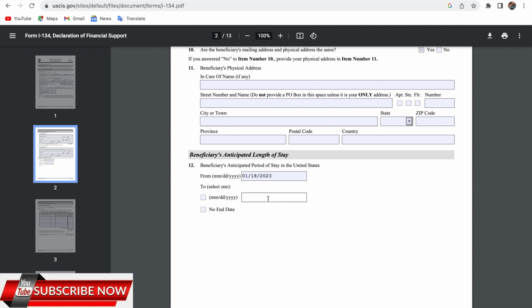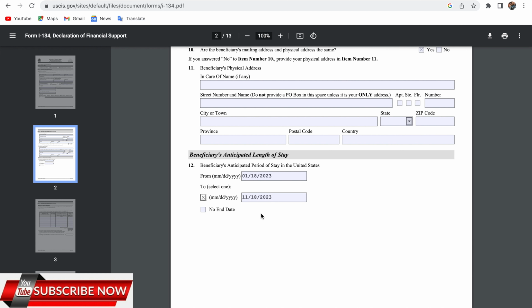So let's say the person wants to leave in November, 11/18/2023. Or if the person has no end date, the person has not made up their mind about when they are leaving, you just click on no end date.